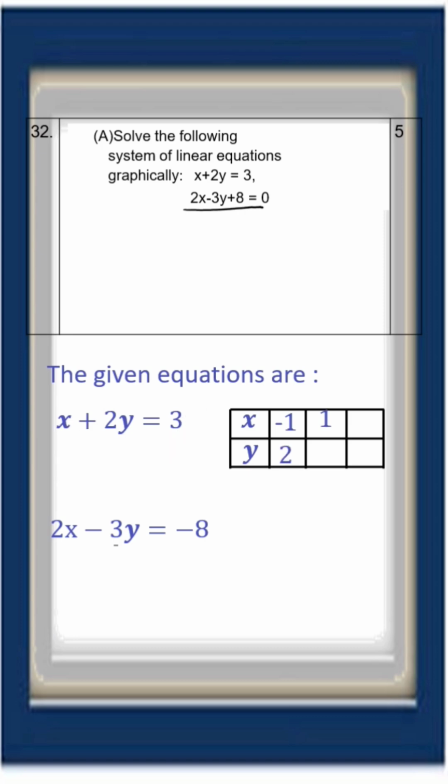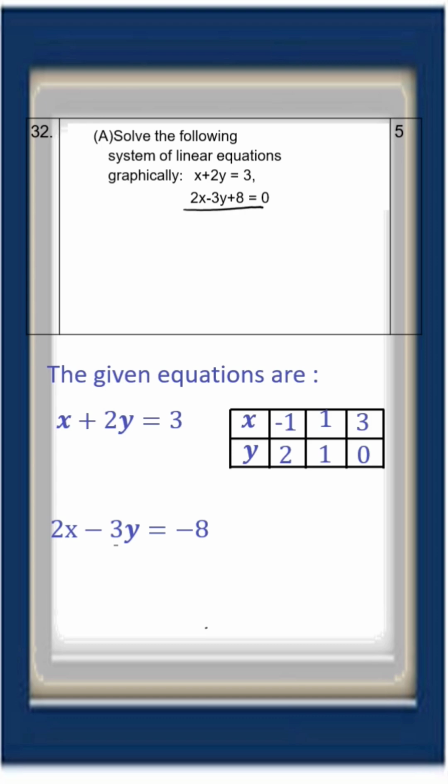If x is equal to 1, 1 plus 2y is equal to 3, 2y is equal to 3 minus 1, that is 2, 2y is equal to 2, so y is equal to 1. If x is equal to 3, 2y is equal to 3 minus 3, that is 0. So y is also equal to 0.